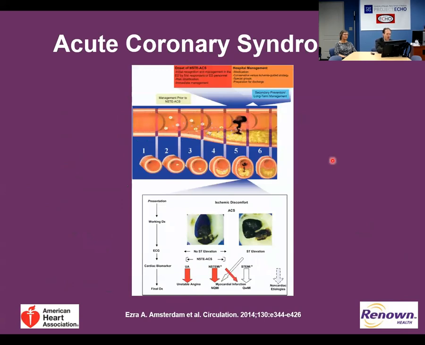And as I will highlight, the component of platelets in that clot plug is critical, and uncoupling that is extremely important in managing acute coronary syndrome to wash that clot out and get blood flow back to the heart muscle in a timely manner such that you can limit the size of the infarction.